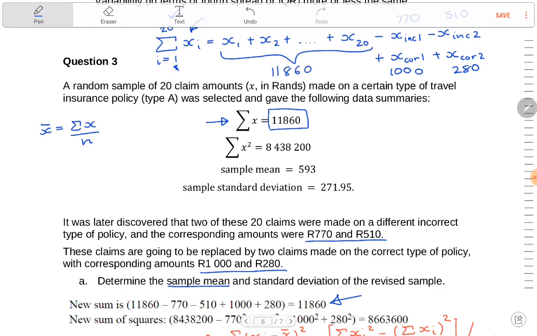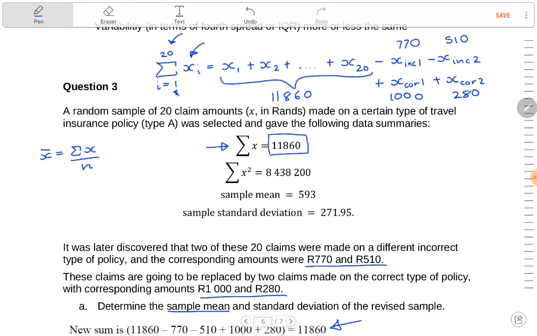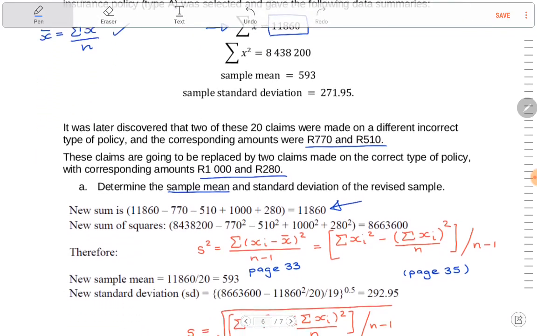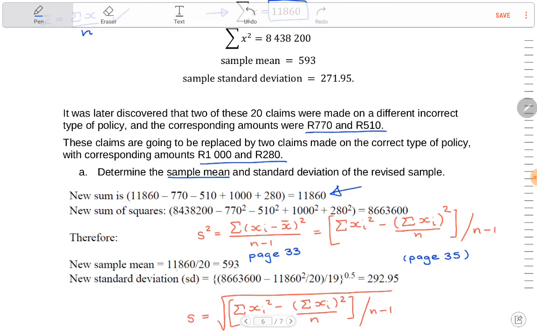And if you subtract the values that they gave you and you re-add them, it turns out that they don't change, which is what they did there. So that's how you get the correct sum of x, and then you divide by n to get the sample mean. So 11860 divided by 20 gives you 593.